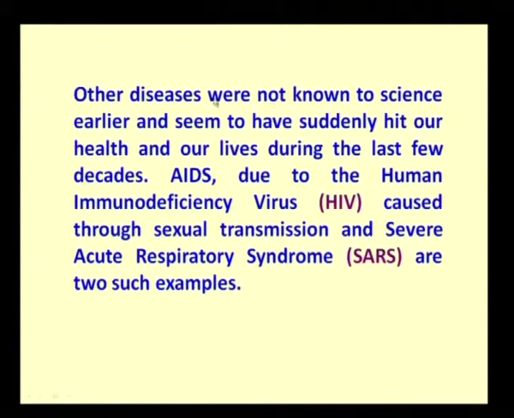Other diseases were not known to science earlier and seem to have suddenly hit our health and our lives during the last few decades. AIDS, due to the human immunodeficiency virus, that is HIV, caused through sexual transmission, and severe acute respiratory syndrome, SARS, are two such examples.